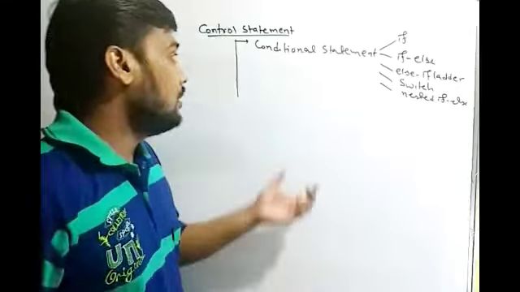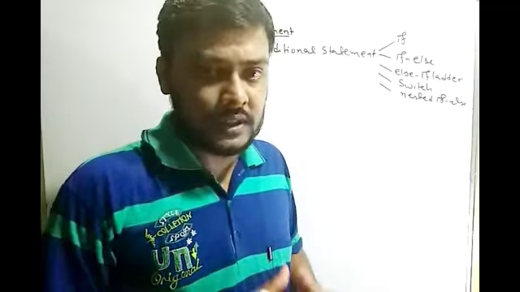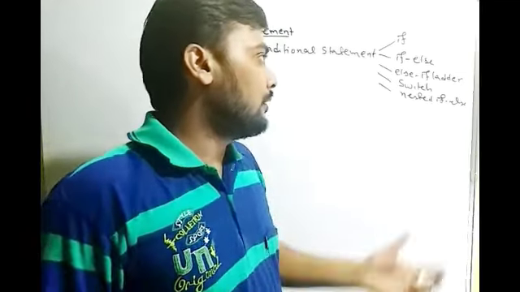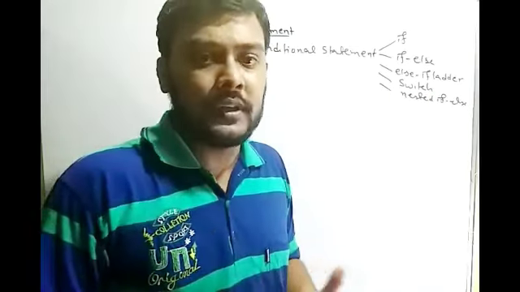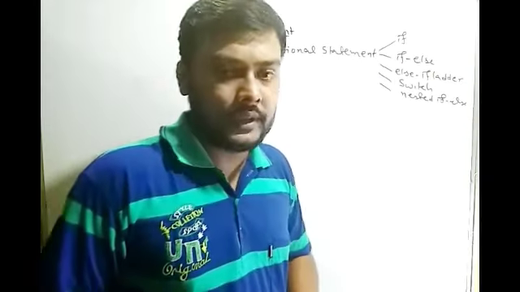Those are the conditional statements. That means one condition is given, and on the basis of that condition we use that statement. In the switch statement, multiple conditions are present in the switch block. We will go through all of that.